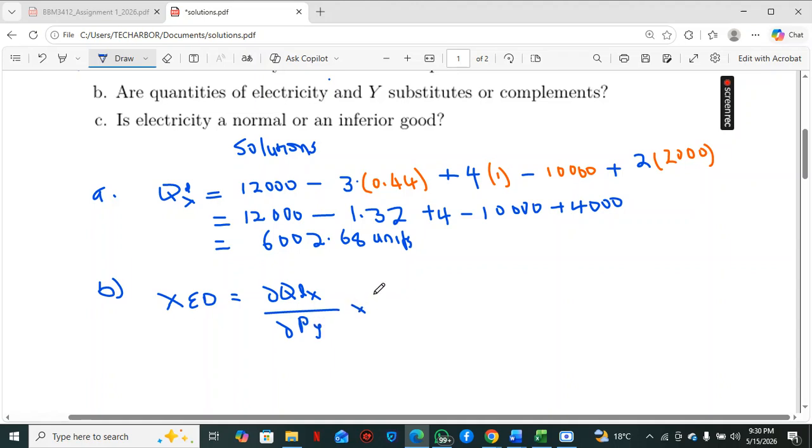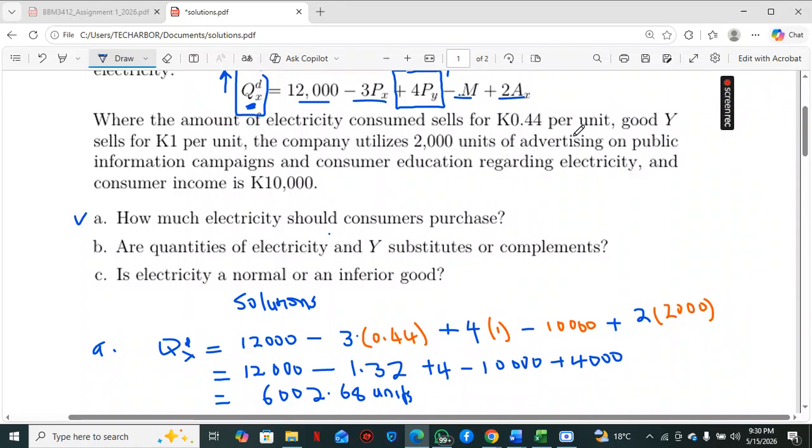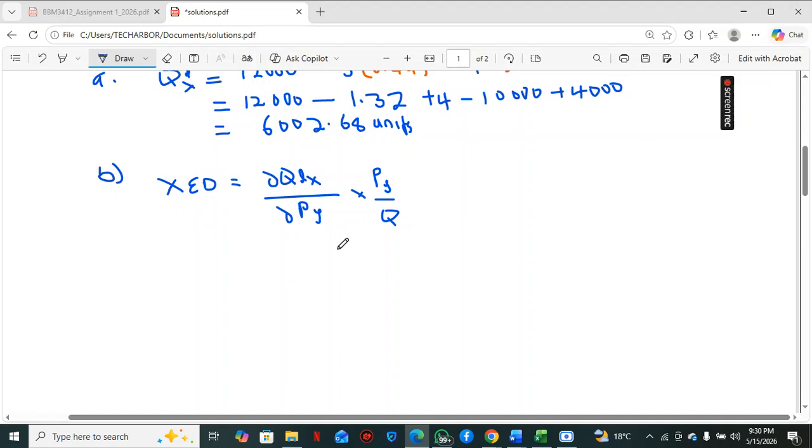We use this formula here. This first part of the formula is saying we're going to derive this function with respect to py. Okay. That is the first part of the function.